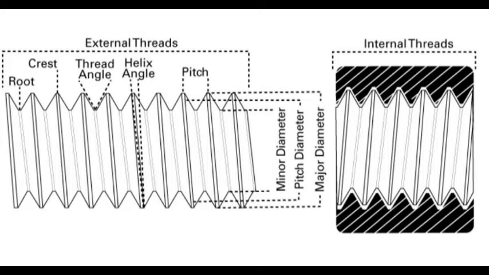It is the diameter of an imaginary coaxial cylinder which intersects the flanks of the threads such that the widths of the threads and the widths of the spaces between the threads are equal, each being half the pitch. So this is about the pitch diameter or effective diameter.